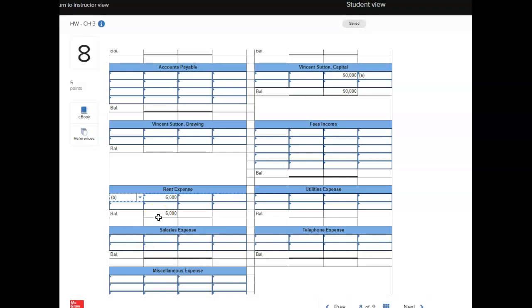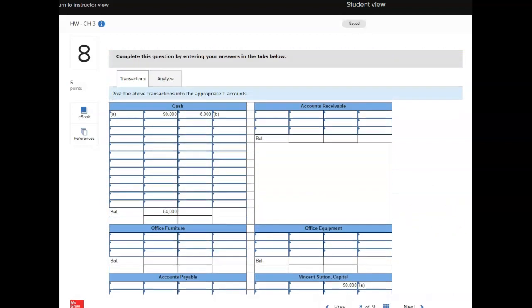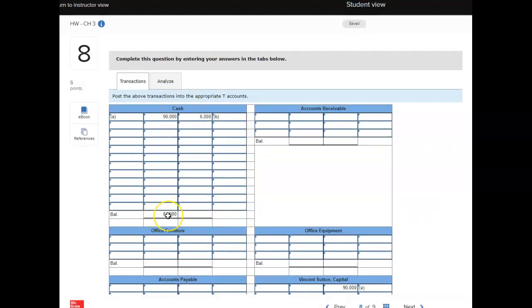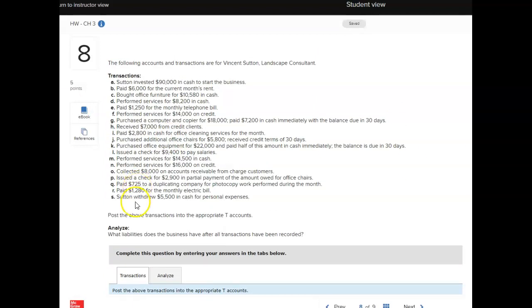And that's how easy it is to post these transactions to the T accounts. Notice that Connect automatically calculates the balance of each T account as you post the transactions. So post all transactions A through S into the T accounts, then answer the question under the Analyze tab, and once you're done with the entire problem, click on Check My Work and fix any errors you may find.